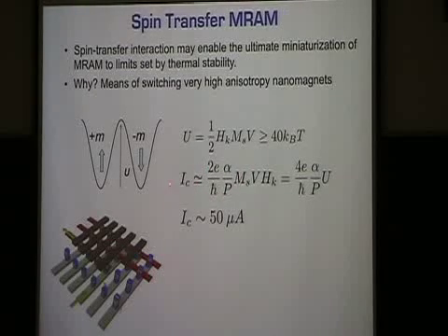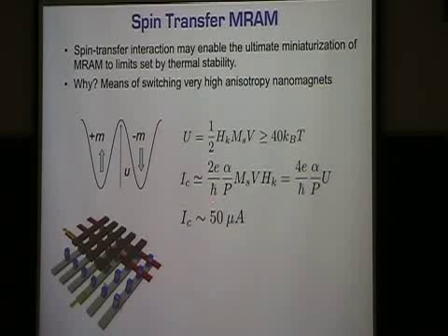And then you calculate what the critical current would be for that element. It turns out to be given in terms of the parameters, the energy. You can write the critical current as directly proportional to the energy barrier, where the proportionality depends on the damping. And one of the reasons this works is the damping of these elements is reasonably small.